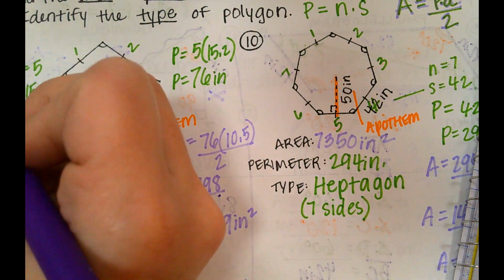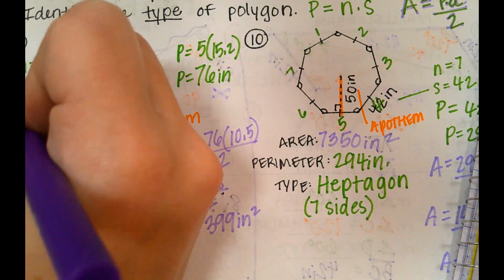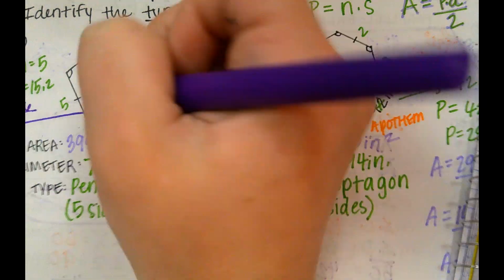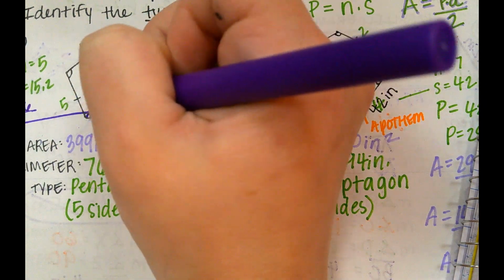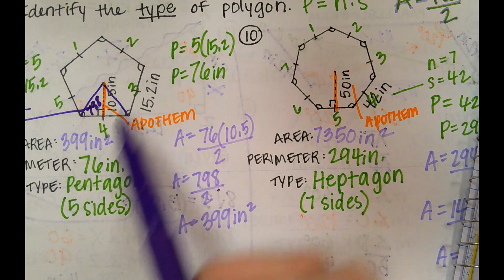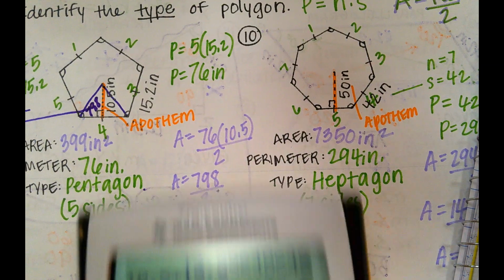So let's see, area of that one triangle: 10.5 times 15.2. And I got 159.6, divide that by 2. So the area of this one is 79.8. If I take that times 5, I should get 399. And I do.